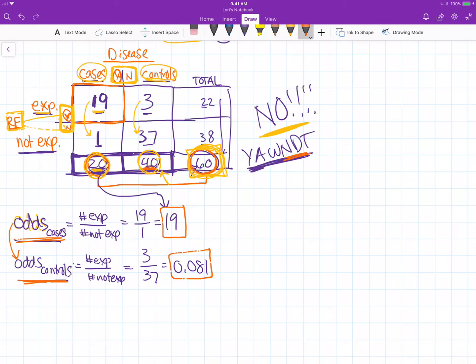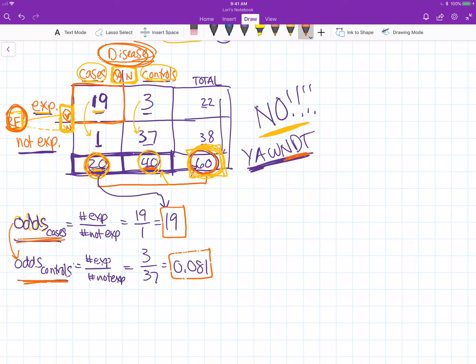But if the odds for the cases is significantly higher or significantly lower, noticeably higher or noticeably lower than the odds for the controls, then that's where we say, maybe there is some kind of relationship between that risk factor and that disease.